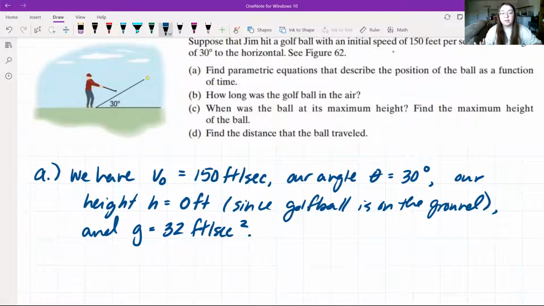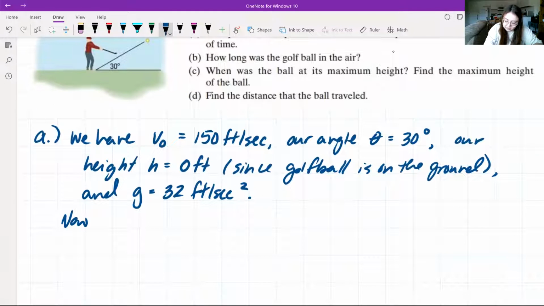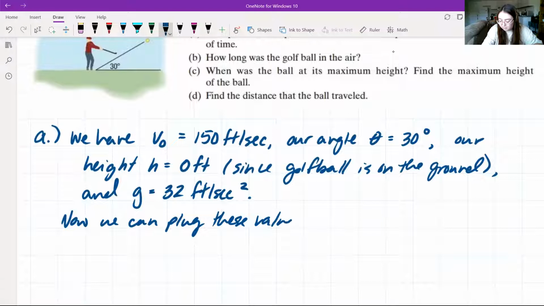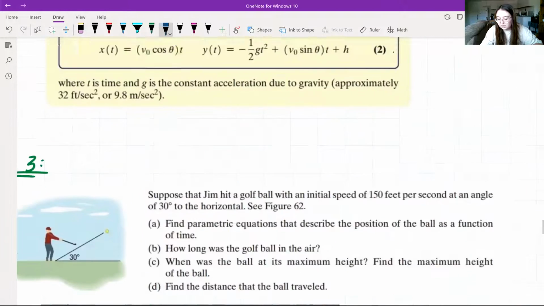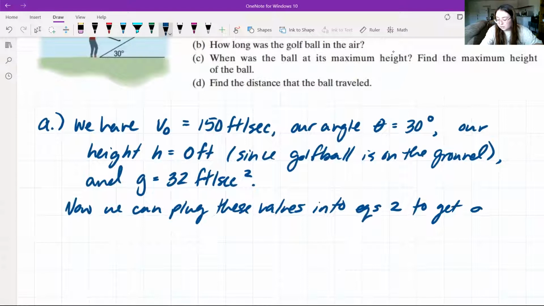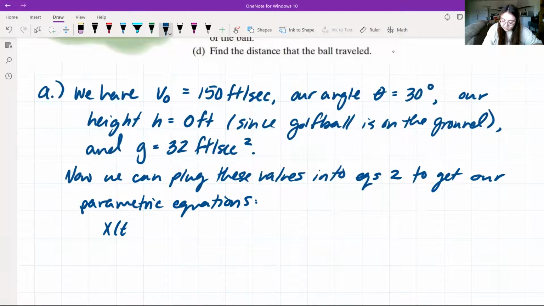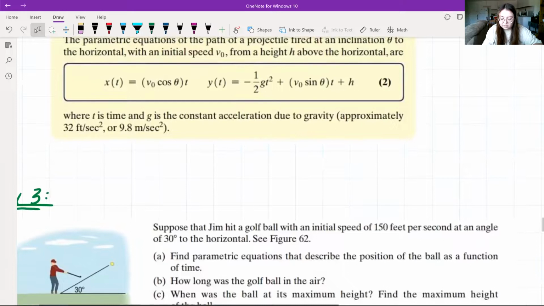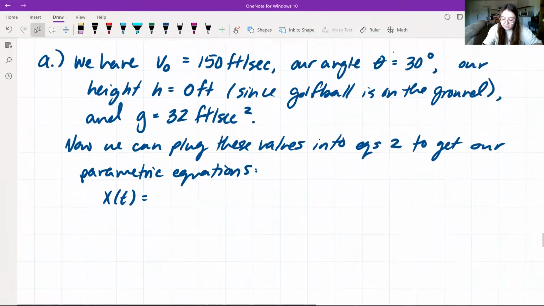So we've defined all of our values. Now we can plug these values into equations 2 to get our parametric equations. x of t is v naught times cosine of theta times t.